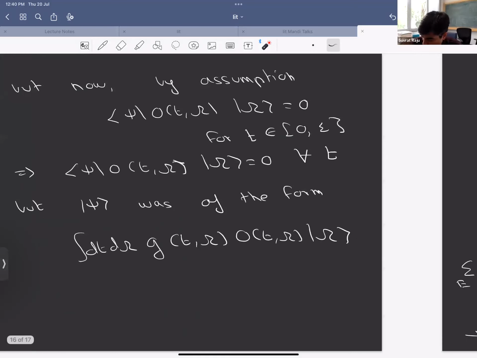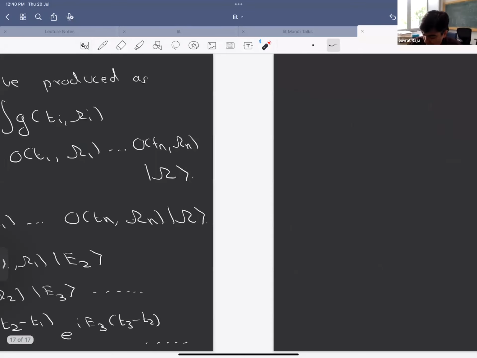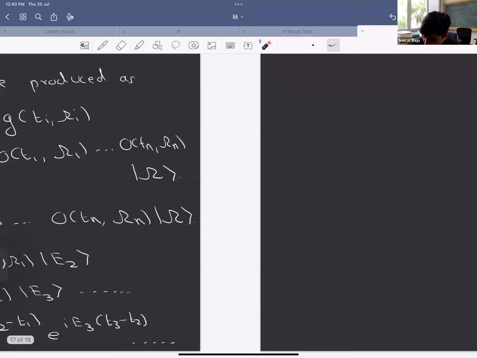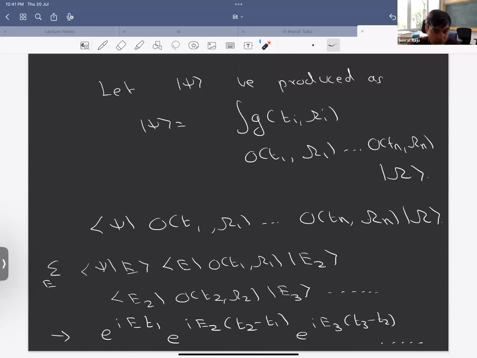Thanks. Okay. So, once again, if you do this for this n particle state, you'll find some time dependence which looks like this.